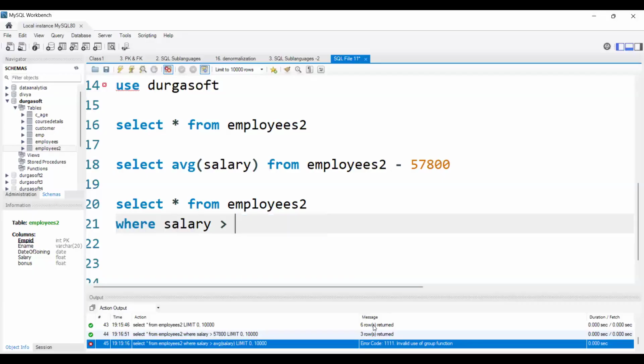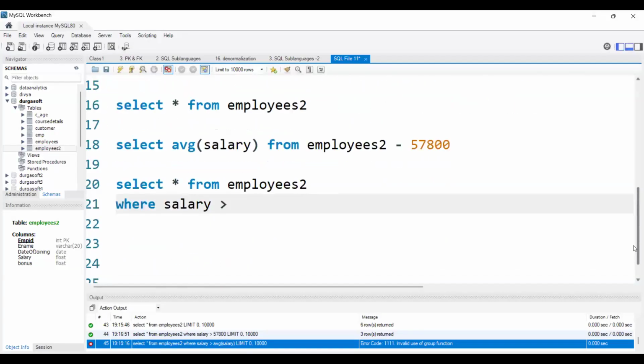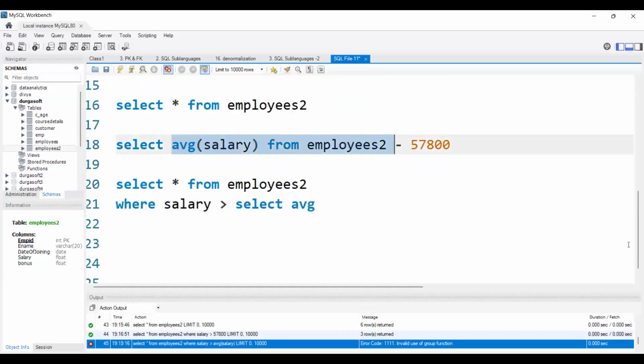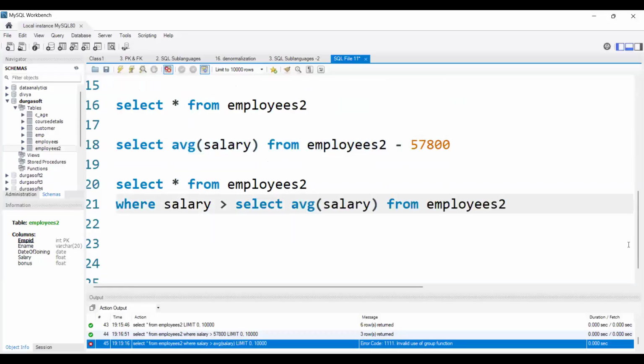Now, to exactly solve this question, I need to write a complete statement: select average salary from employees too. But I need to keep some parentheses here, and write this query within the brackets.